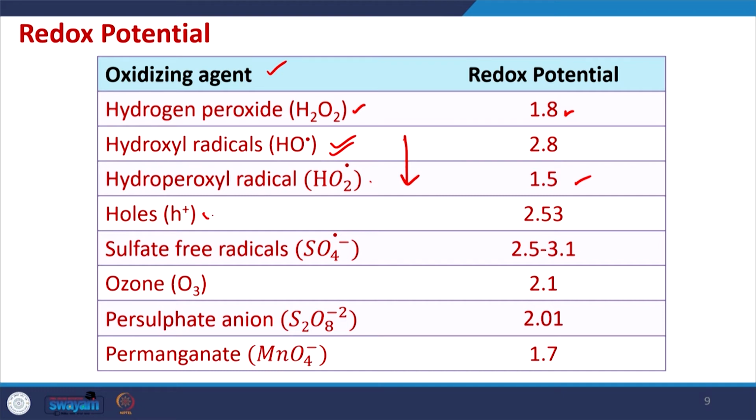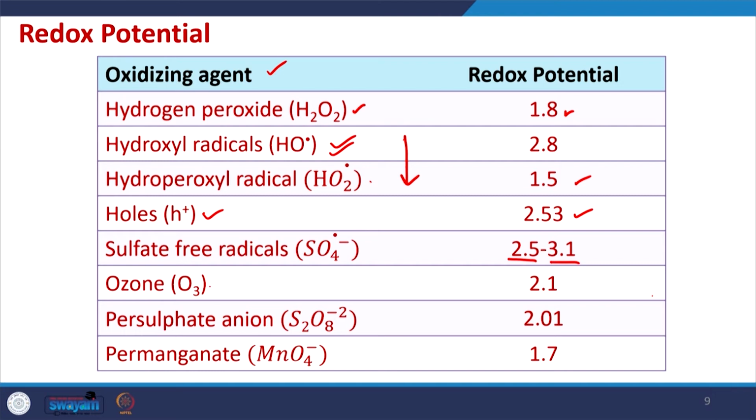Similarly, holes which may get generated during photocatalysis also have very high redox potential. The sulfate free radical SO4 minus has its redox potential reported differently, from 2.5 to 3.1.